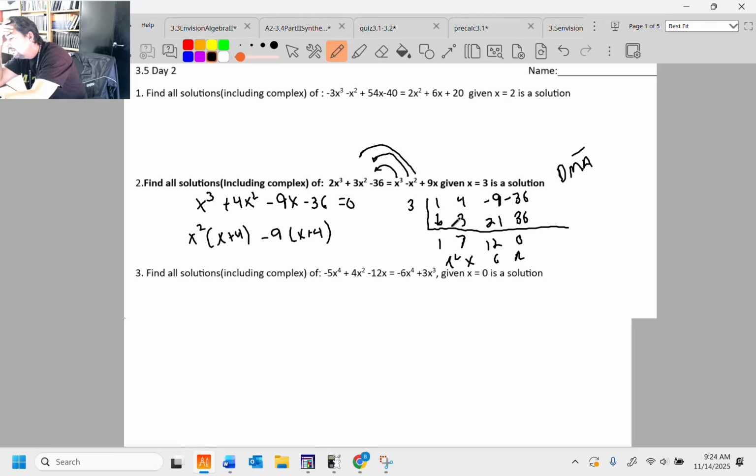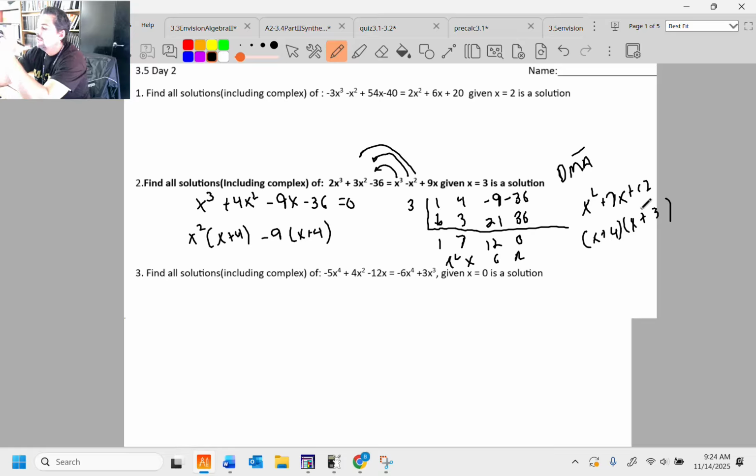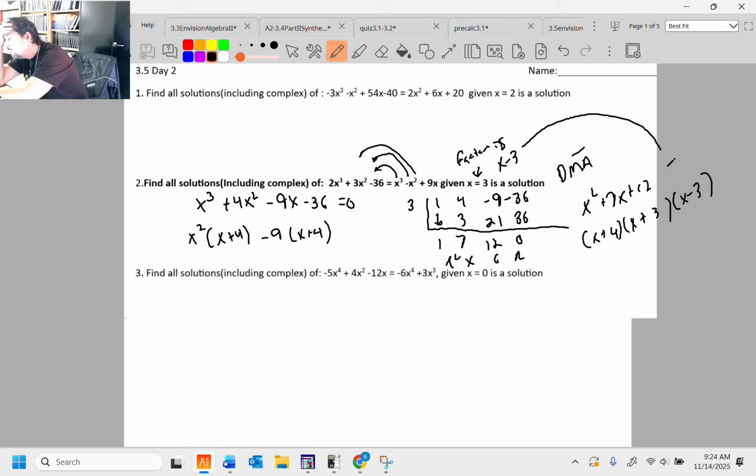We're left with x squared plus 7x plus 12, which factors with x and x to create x squared, 3 times 4 is 12, and 3 plus 4 is 7. So if x equals 3 was a solution, this factor is x minus 3. We'll just throw that right there. Easy peasy, kids.